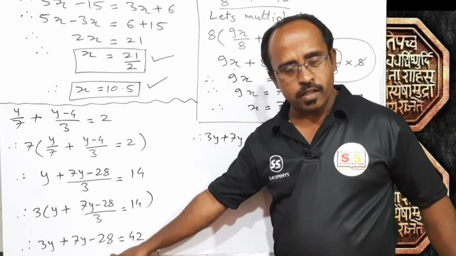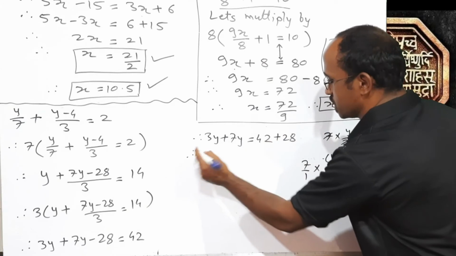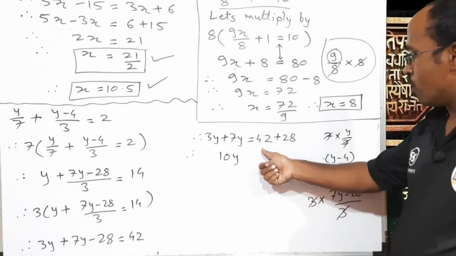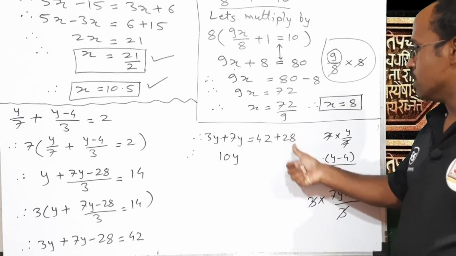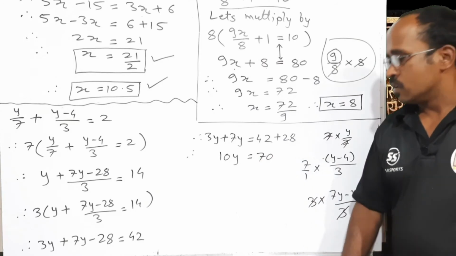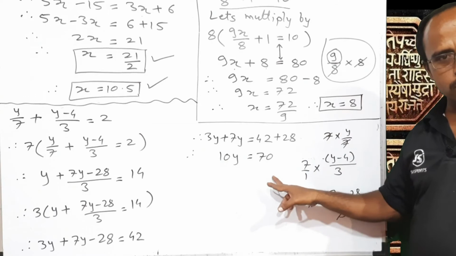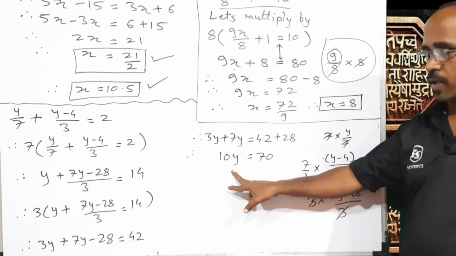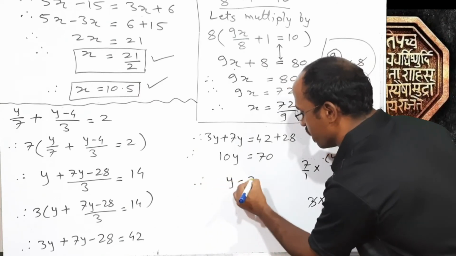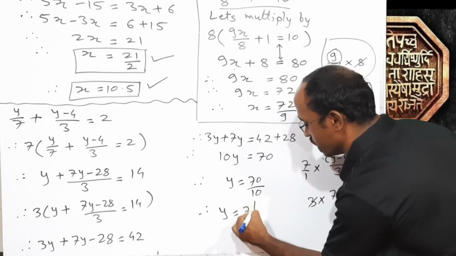This minus 28 will change the side and will become plus 28. So on the left hand side 3y plus 7y is equal to 10y. 42 plus 28 is equal to 70. 10y is equal to 70. We have to find the value of y. So 10 will change the side. Here 10 is multiplying. After changing the side, 10 will divide. Therefore y is equal to 70 divided by 10, and y is equal to 7.